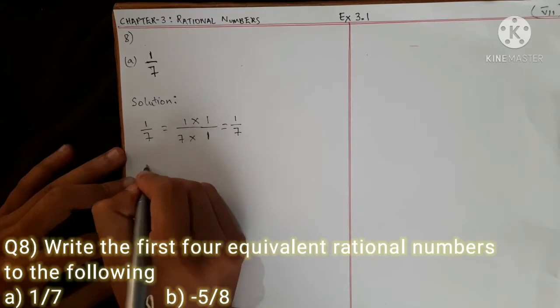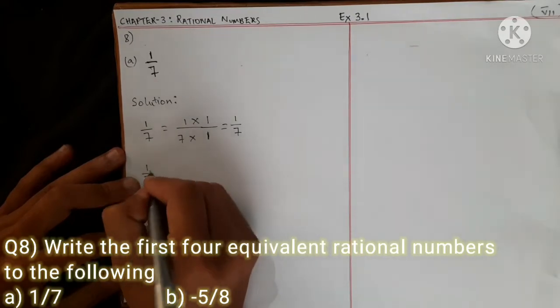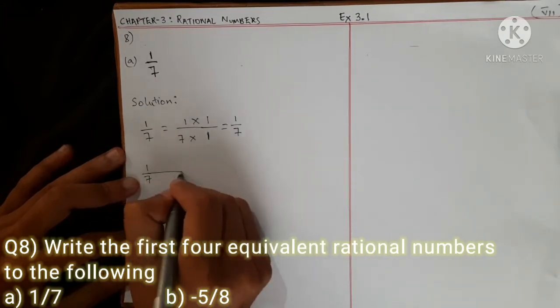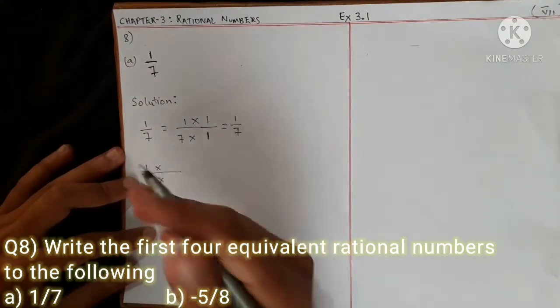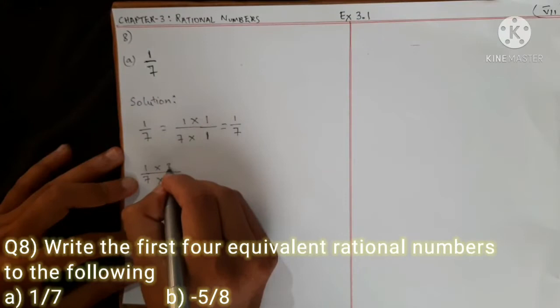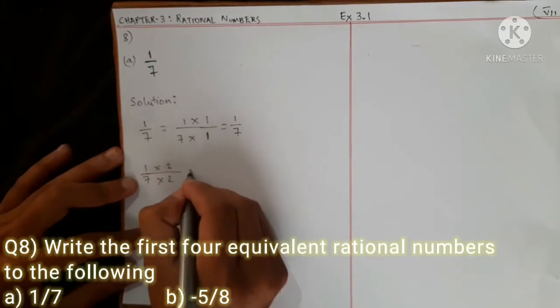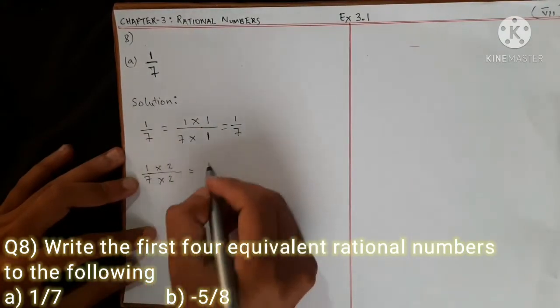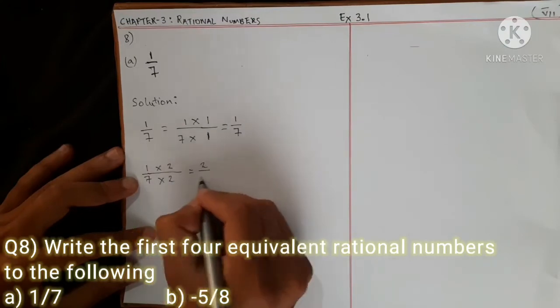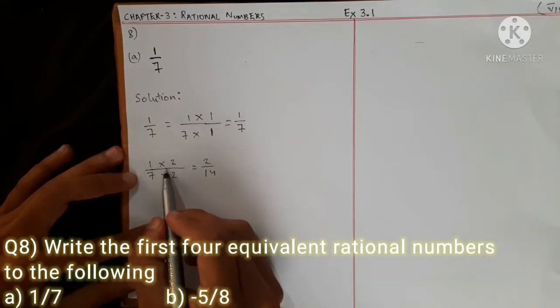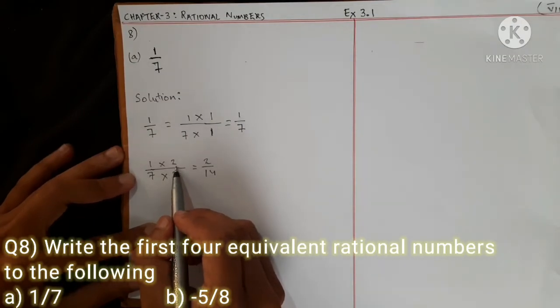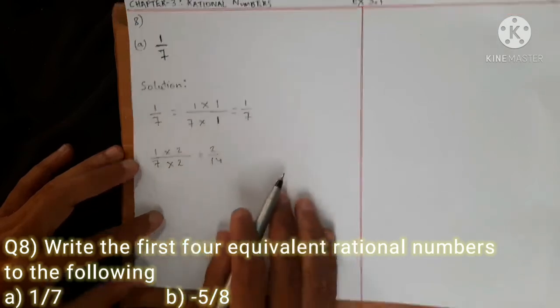Next, 1 by 7, I have multiplied here with 1, so the next is multiplied with 2. So 1 multiplied by 2 equals 2, 7 multiplied by 2 equals 14. Now remember, if I multiply the numerator by 2, I have to multiply the denominator also by 2.